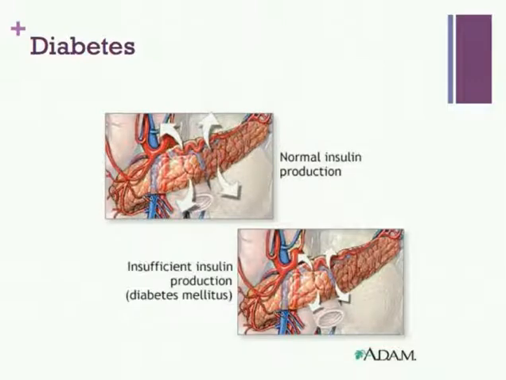So the body just becomes attuned to it and starts to ignore that sensory response. So we can have the same type of thing happen in type 2 diabetes, where insulin receptors don't respond to insulin. Or there can be a case where simply the body outgrows the pancreas.